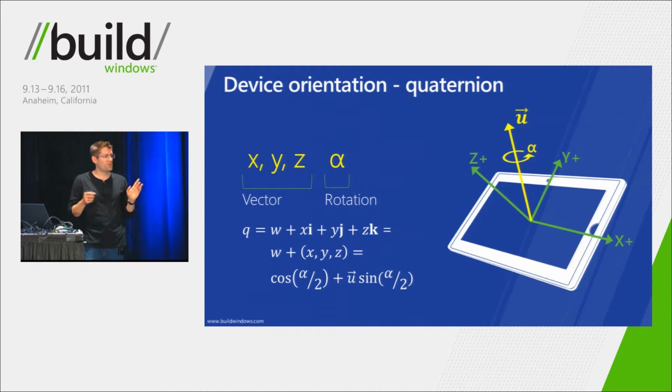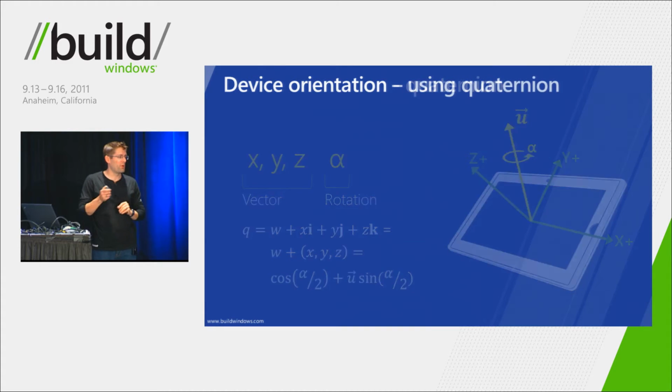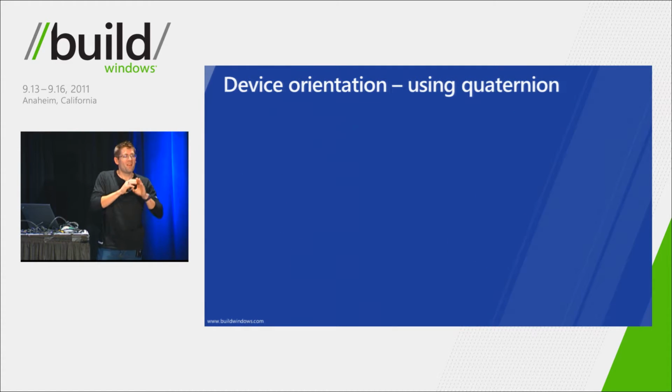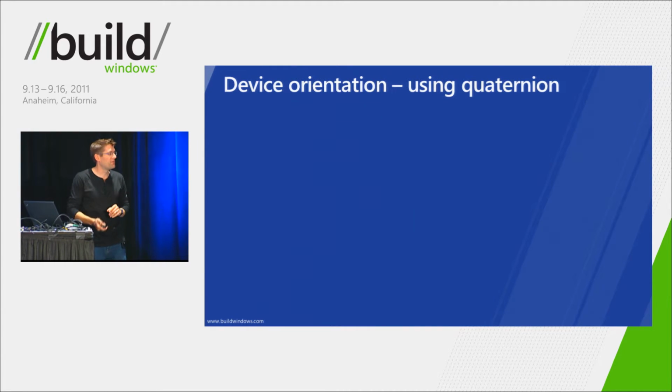And there's a bunch of fancy math involved in determining and processing quaternion data. But don't worry, you don't need to go running for your linear algebra book, because there are some simple and straightforward ways for Metro-style apps and with DirectX that you can leverage this powerful data without tearing out your hair trying to figure out the math.